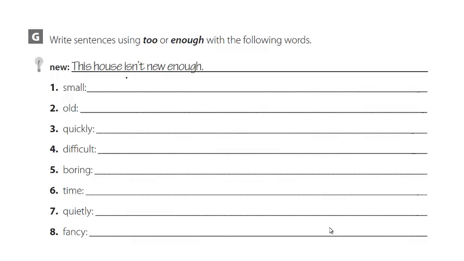Exercise G, write the sentences using too or enough with the following words. Okay, we need to write sentences using too or enough. This house isn't new enough. This room is too small. This tree is too old. This printer doesn't go quickly enough.